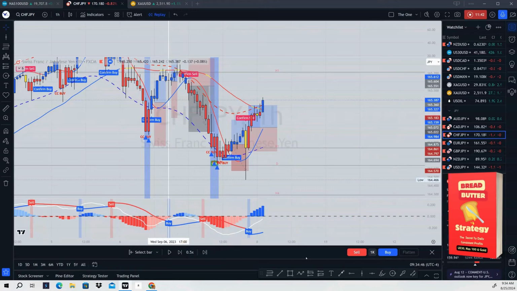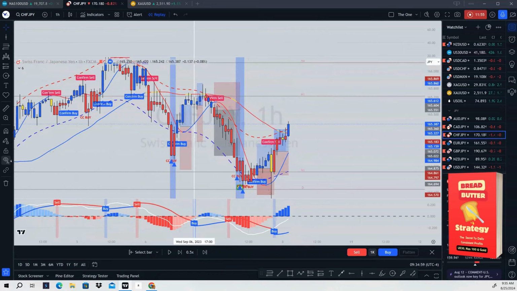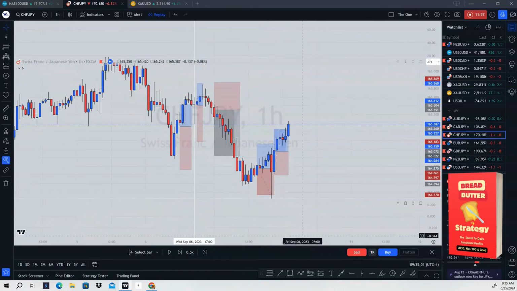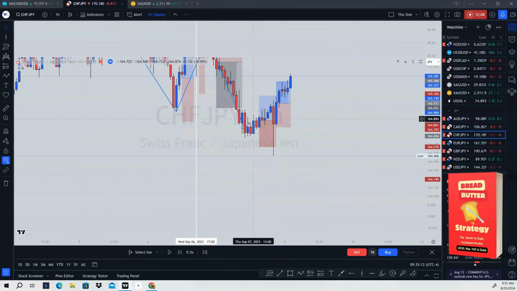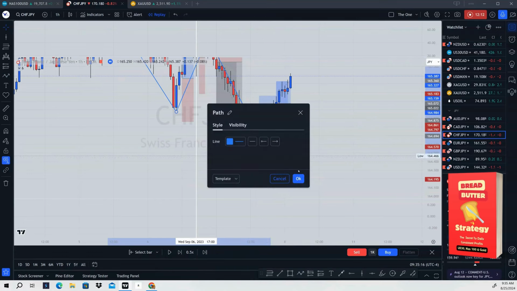Congratulations. All right, now let's see if we get a confirmation sell to go ahead and sell, because again, price is still bearish. Why is price bearish? Well, we have market structure. We have a high, we have a low, we have a lower high, a lower low, lower low.